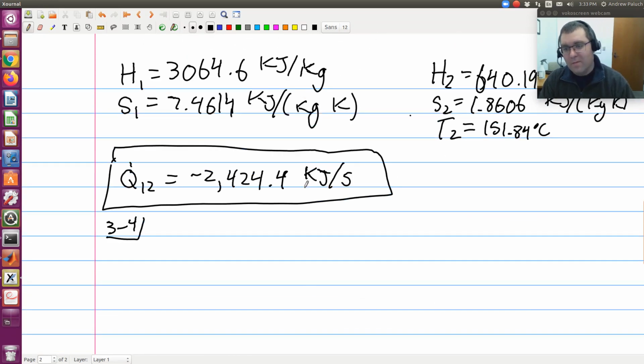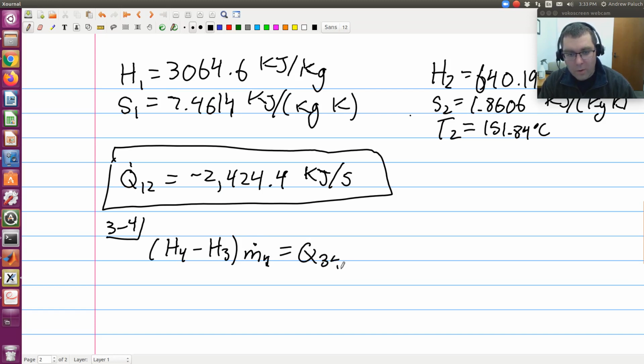So we would have H4, and the way I set up the problem, higher numbers exit, so H4 minus H3, times m dot 3 or m dot 4, they're the same, is equal to Q 3-4. Again, we're assuming that any heat that's removed from stream 1-2 is absorbed by stream 3-4, so Q 3-4 should be equal and opposite of Q 1-2.